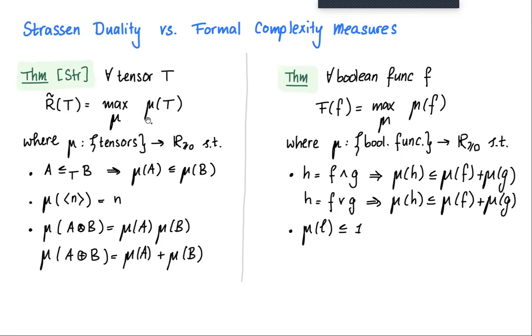And on the other hand, we have this theorem for Boolean functions, which says that the formula size of a Boolean function equals the maximization over special functions mu again, which have these monotonicity and normalization properties. And maybe these look very similar to you. I think they do. And is this a coincidence? And the answer is no, and that's what our paper tries to explore.